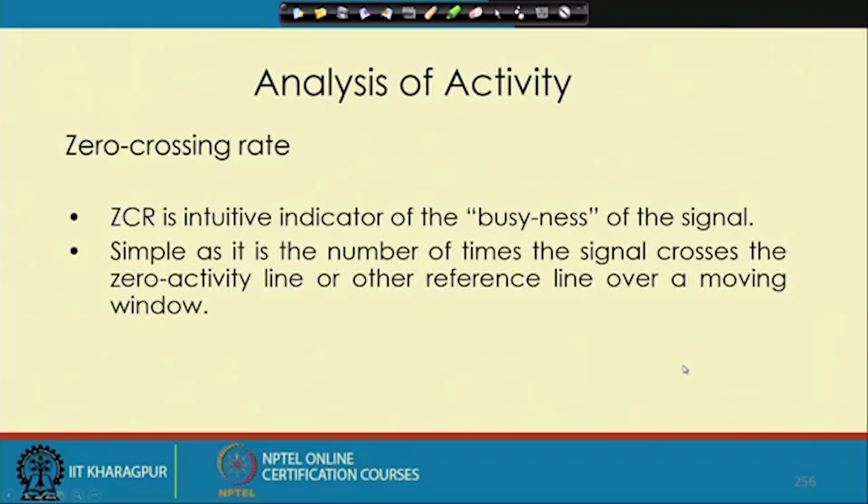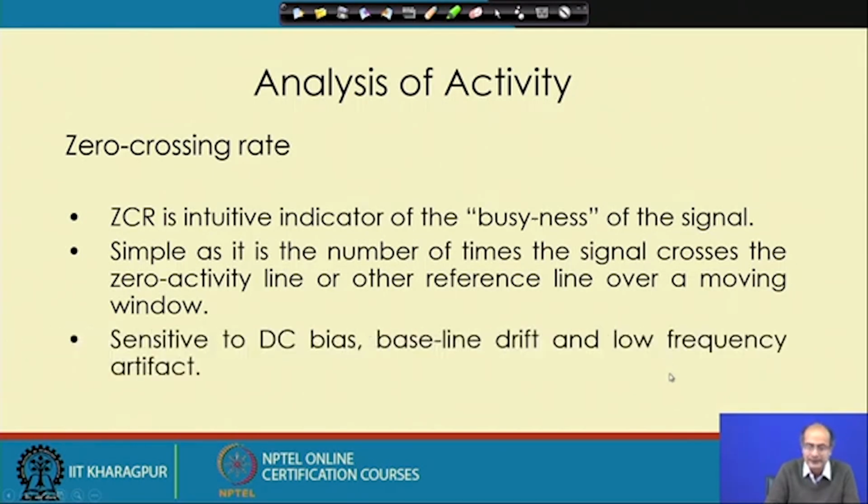In that case, zero crossing is a very good indicator, because if we look at the number of times it crosses 0, we can get the rough frequency of that signal also. And we take a moving window like the previous case of RMS to get the change of the zero crossing over time.